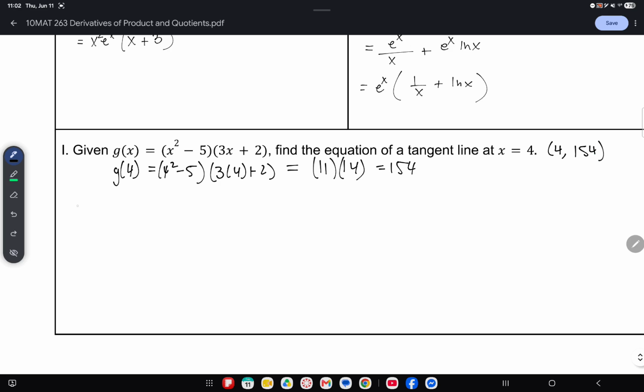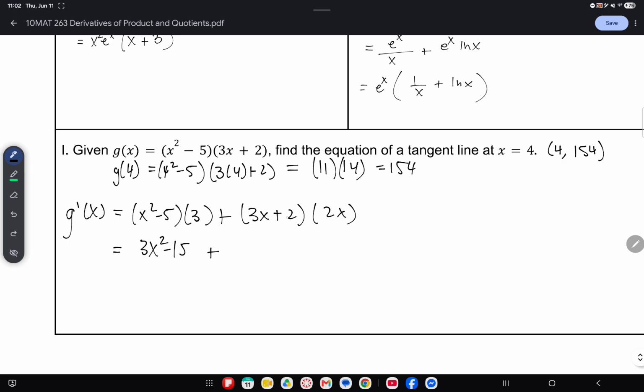And now I need my derivative. Let's just go ahead and do product rule. So left d right plus right d left. Could simplify it further. So 3x squared minus 15 plus 6x squared plus 4x. 9x squared plus 4x minus 15, and then we can plug in 4.